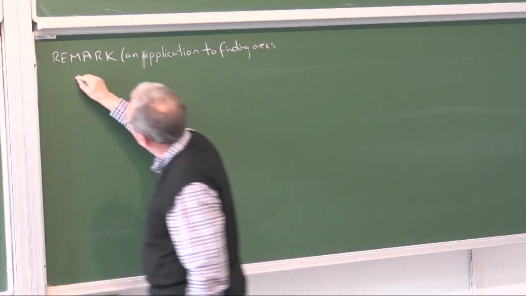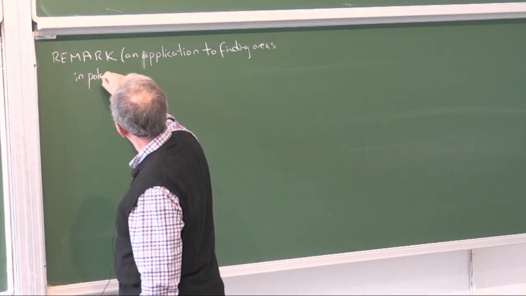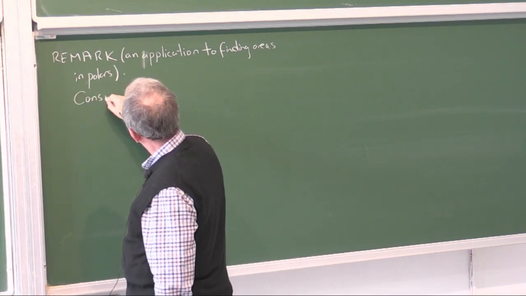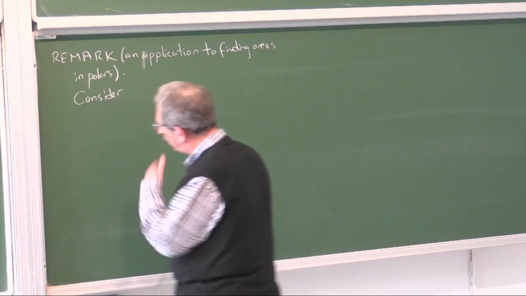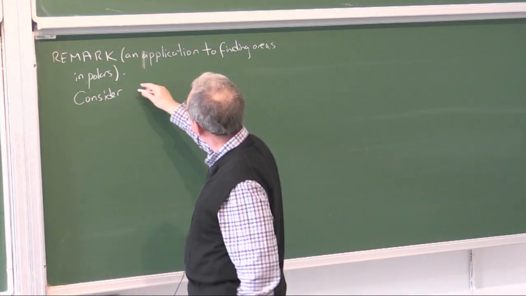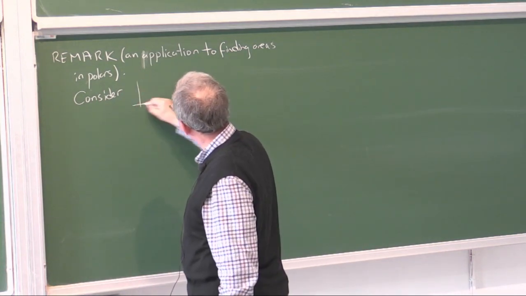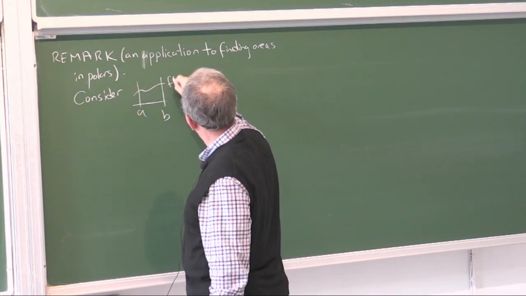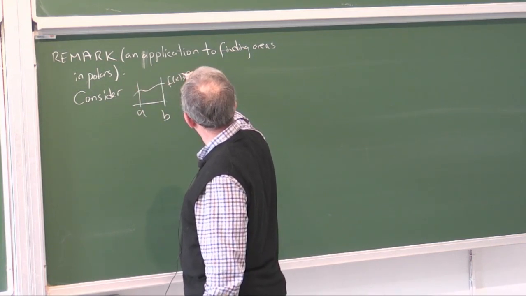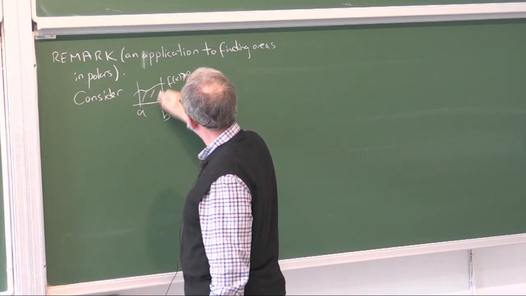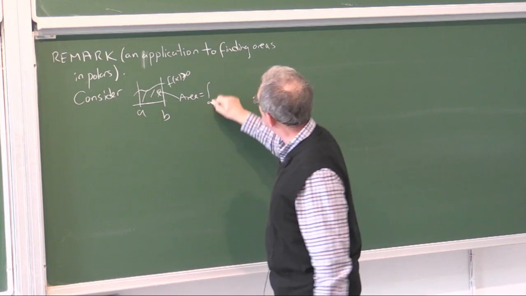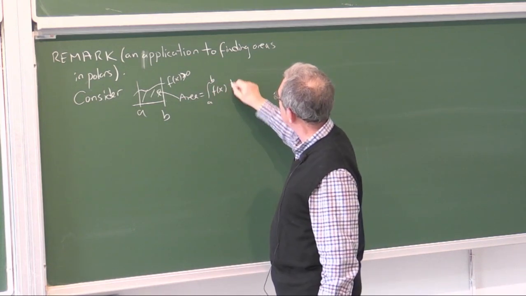In polars, of course. Consider the following. Consider, for instance, very simply, a, b and a positive f. Then this area was the integral from a to b of f of x dx.